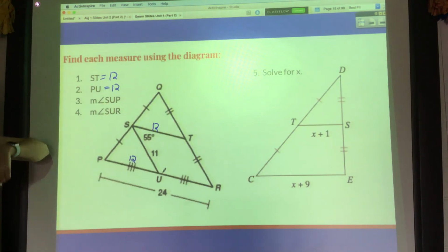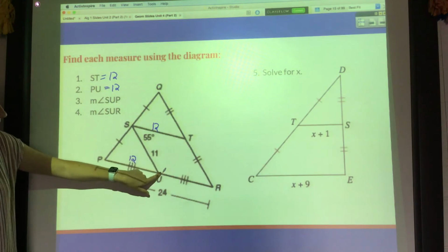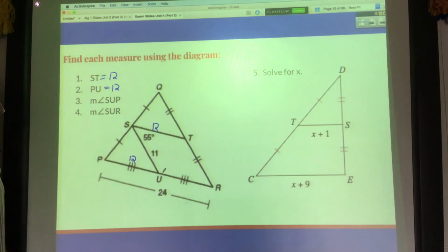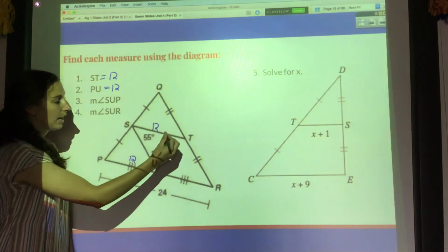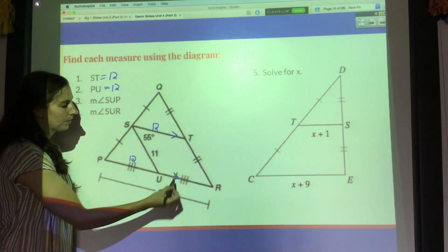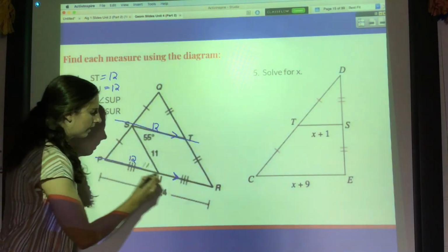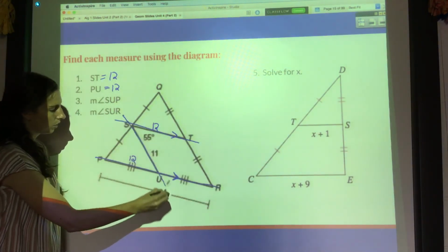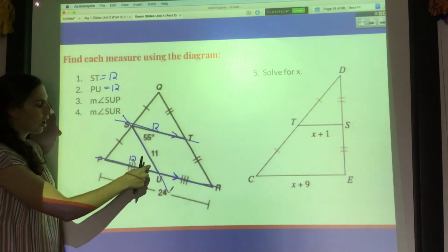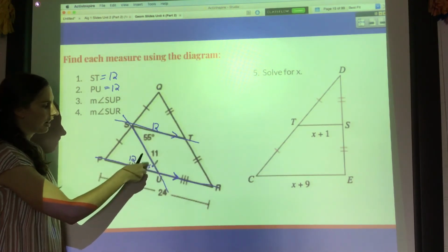Measure of angle SUP, S-U-P, is right here. The way I can find that is, remember, if this is a midsegment, I know that it's parallel to this side right here. And since these are parallel, and this right here is a transversal, these are alternate interior angles. So this is congruent, it's 55 degrees.